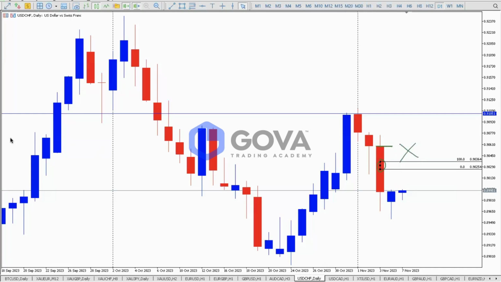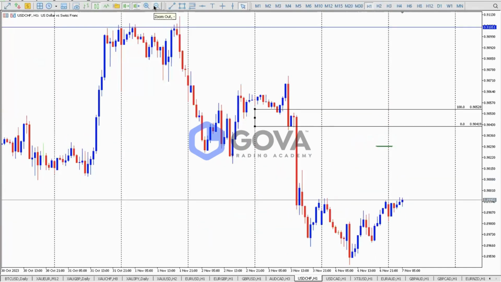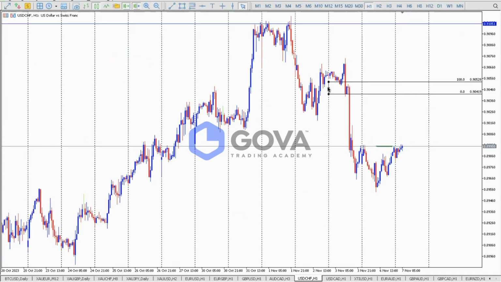Even though it is sitting on the body of the candle, make sure it is sitting very, very close to the opening of the candle. That is another point I'm trying to make here.